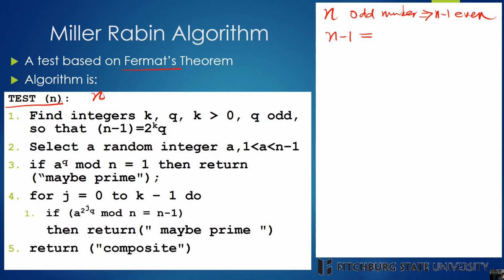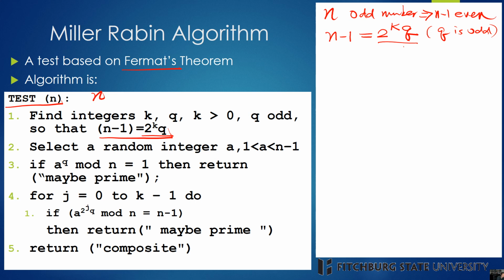Let's assume that we can write n minus 1 in the form 2 to the k times some q, and q is odd. That's doable, right? If q is even, then we can factor q even further, and eventually we can always write n minus 1 in the form 2 to the k times q. So this is the first step. For any odd number n, we just factor n minus 1, so n minus 1 is going to look like this.